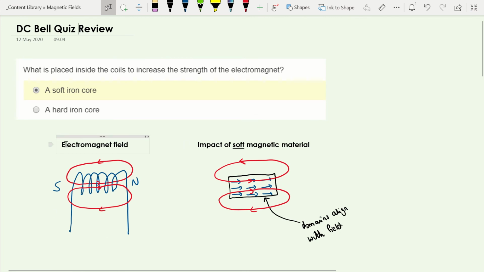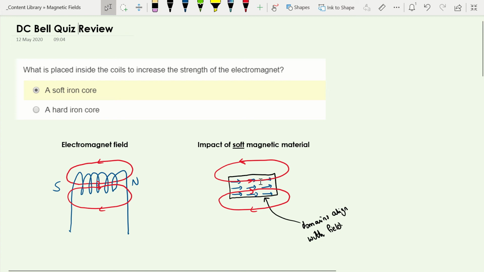Essentially, here is your electromagnet without a soft iron core. Outside the coil, as usual, our field lines go from north to south. That's pretty standard. When we put a soft magnetic material inside that, the domains inside of it, which we're representing with the blue arrows, align with the field that is also inside the electromagnet.